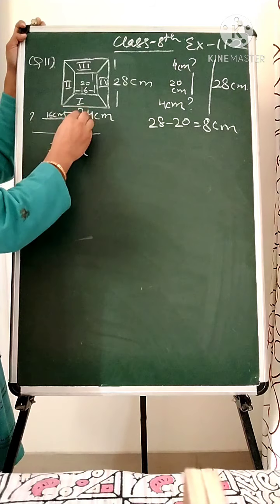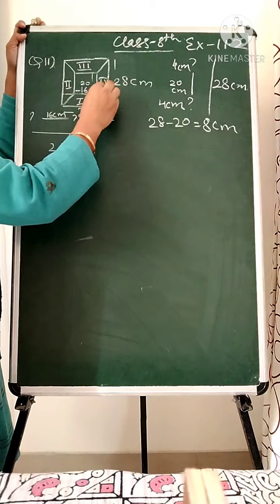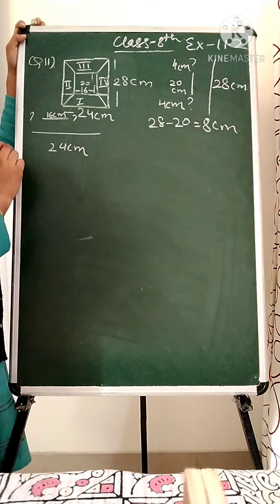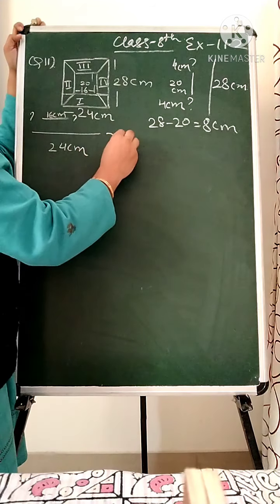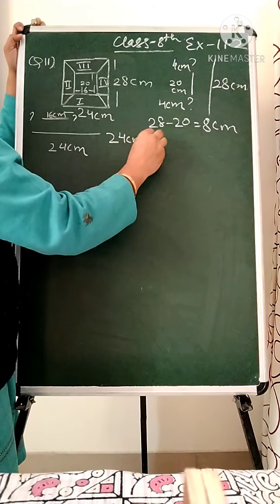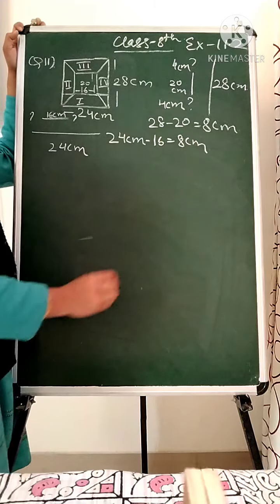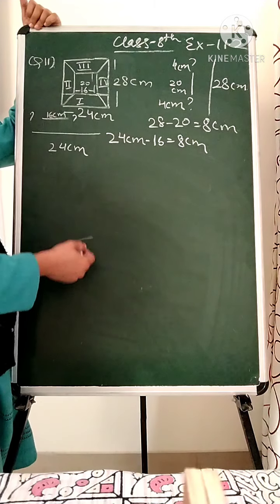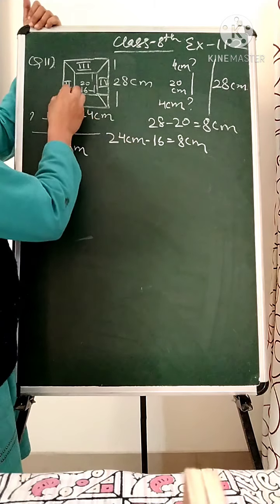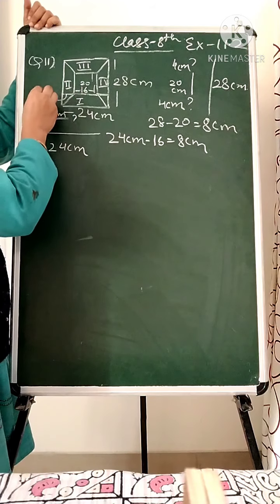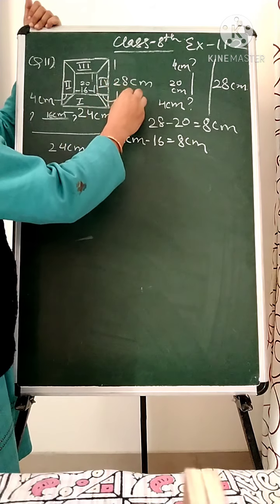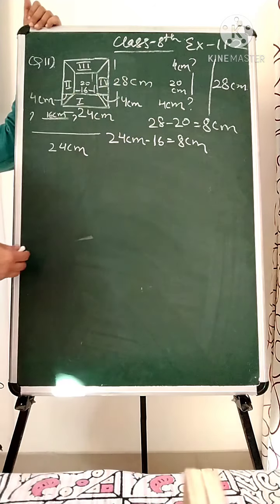So, what will be the length of these portions? It's 24 centimeter minus 16 centimeter, you get 8 centimeter. Further, you divide into two equal parts. After dividing, this must be equal to 4 centimeter and this would also be equal to 4 centimeter.